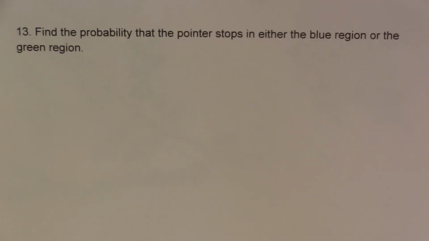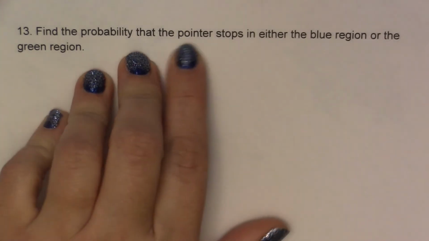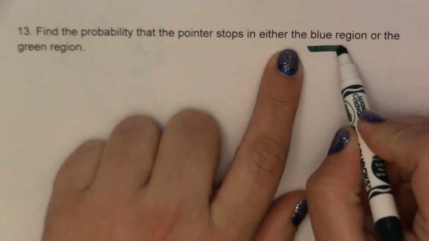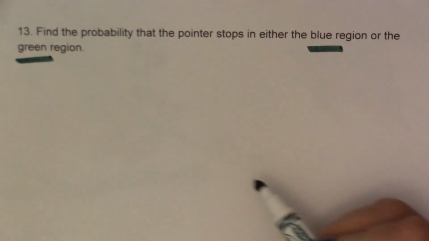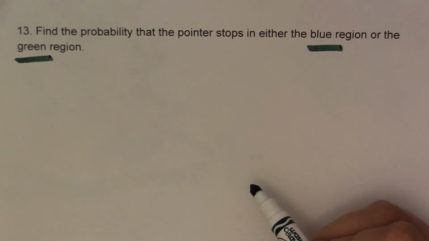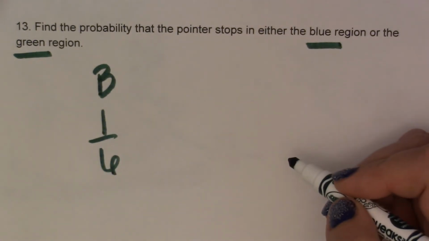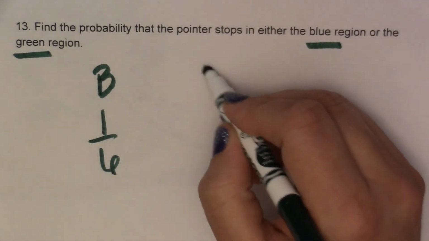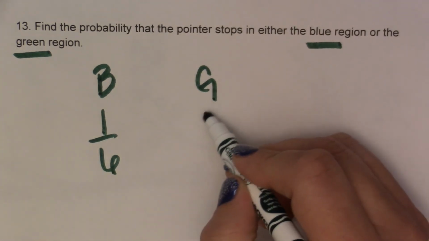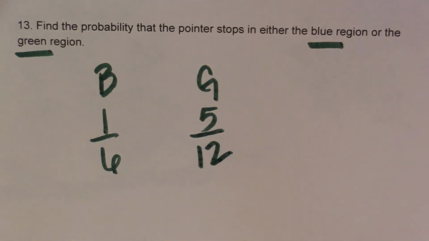Question 13. Find the probability that the pointer stops in either the blue or the green region. So I'm going to use the probabilities that we found on our previous problems. So on number 10, we found that the probability of blue was 1/6. And then for our green, that was on number 11, we found that our probability was 5/12.